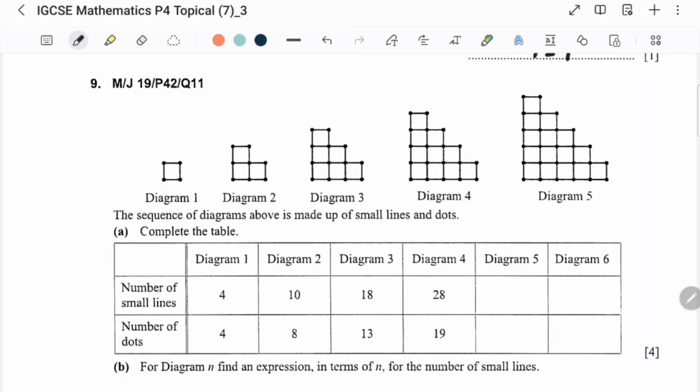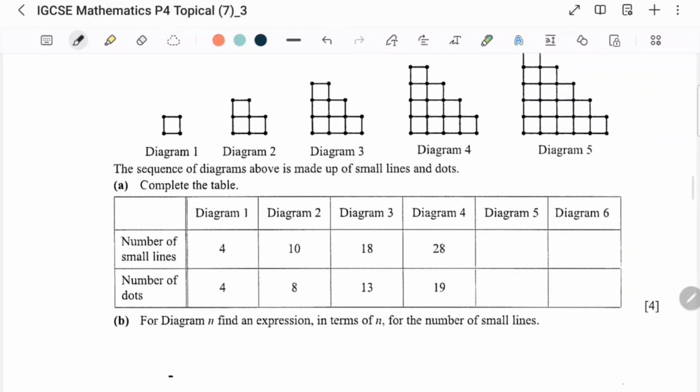So what did you do? You're just adding 6, or 10 minus 4 is 6, 18 minus 10 is 8, and then you have the numbers 6, 8, 10. Now you'll be adding 12, it will become 40, and after 12 obviously you'll be adding 14, then you will have 54.